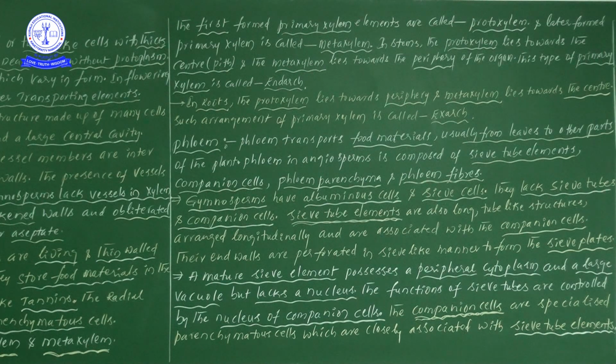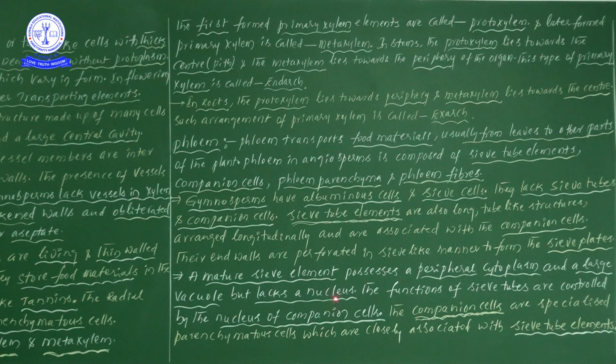My dear students, one point to note: in a matured sieve tube element there is a peripheral cytoplasm. Peripheral means the cytoplasm is situated towards the walls. A large vacuole is also present, but which one is absent? Lacks means absent, and the nucleus is absent.